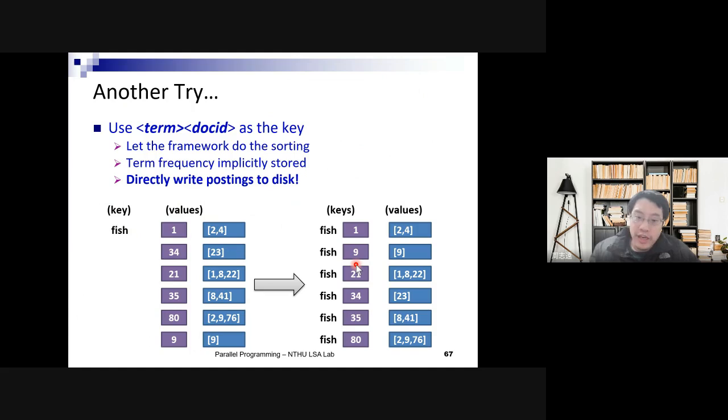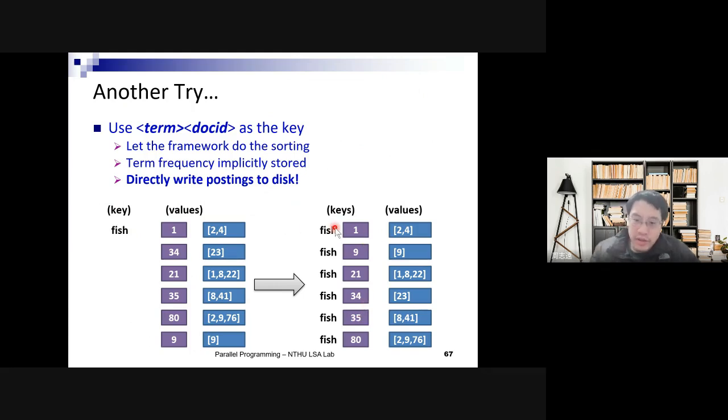If they are sorted together, then when they are aggregated into a list for the reduce function, when they do the grouping, it will also group by this order.